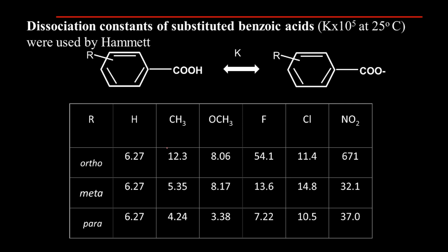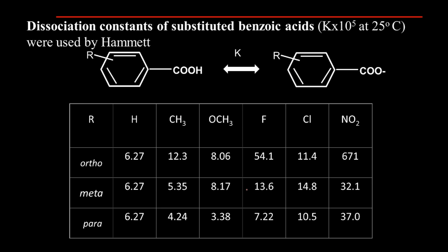Dissociation constant of substituted benzoic acid. These are called substituted benzoic acids, and these benzoic acids can dissociate. You have a dissociation constant, and they dissociate into the acid form COOH and COO minus. Now depending upon the R group and depending upon the position, ortho, meta, para, you can have different dissociation constants.